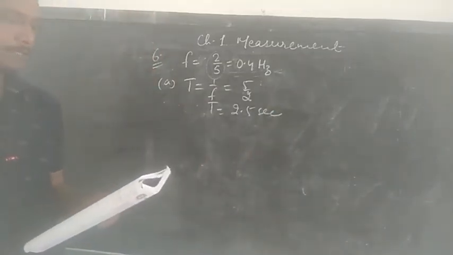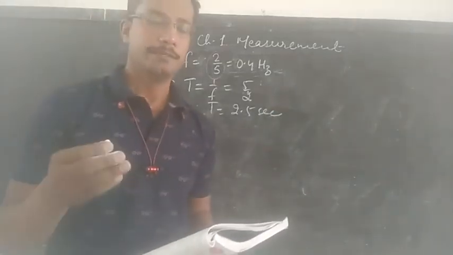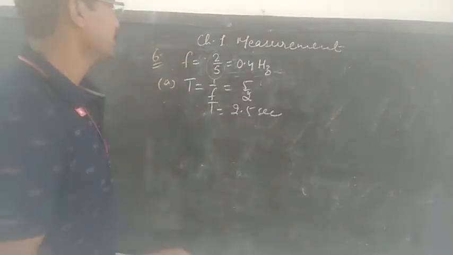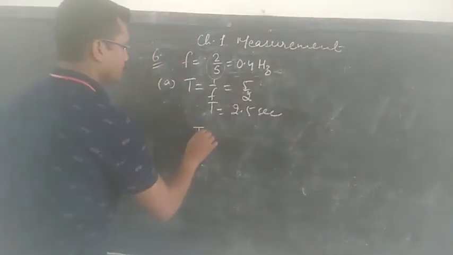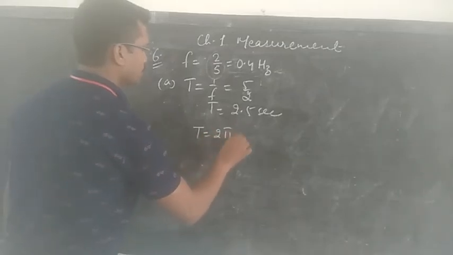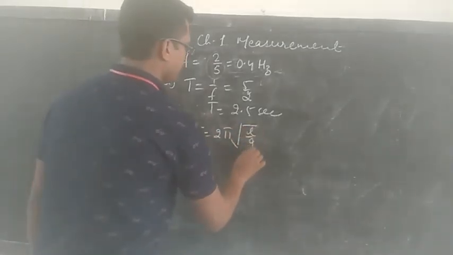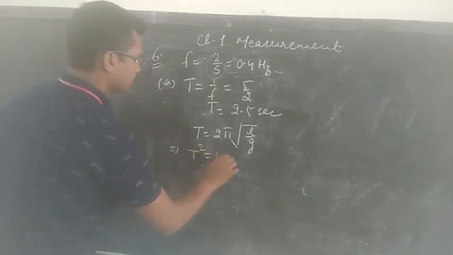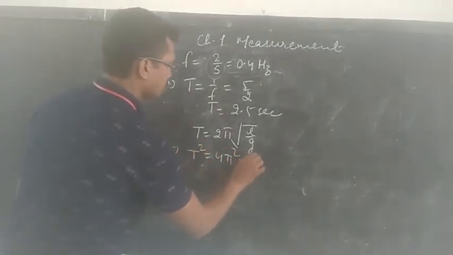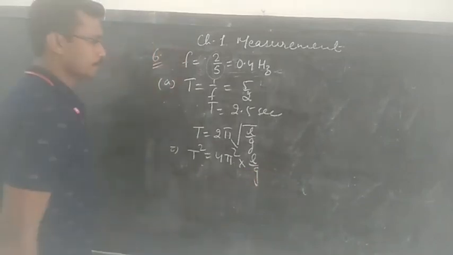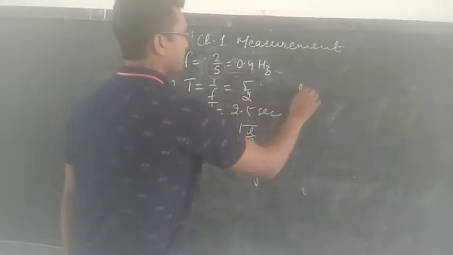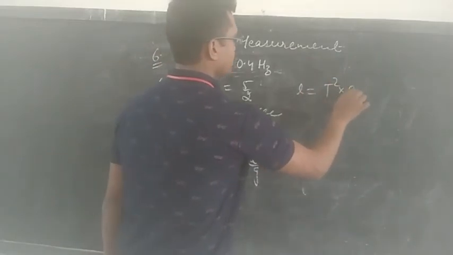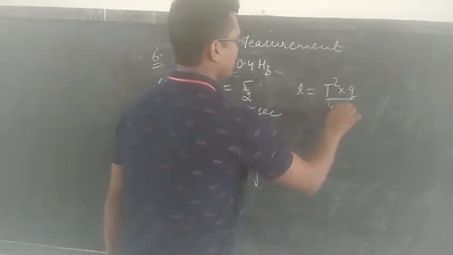And the second part is to find the length if g is 9.8 meter per second square. So we can see here we have the formula T is equal to 2 pi under root L by g. When you square both sides, you get T square is equal to 4 pi square into L by g. And to get the value of L, we can also write T square into g divided by 4 pi square.